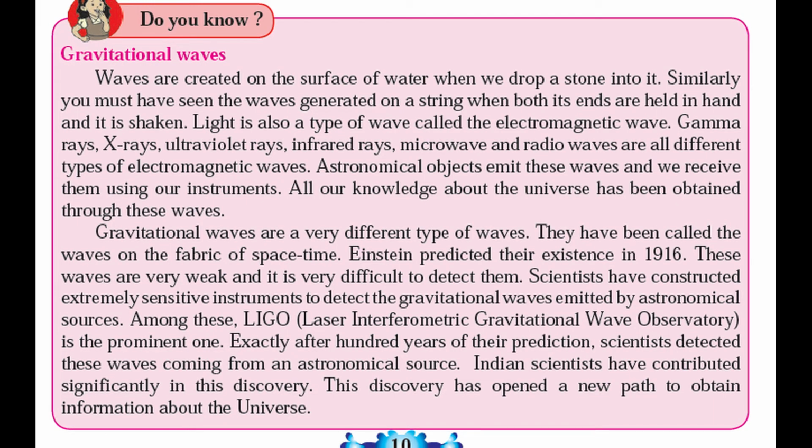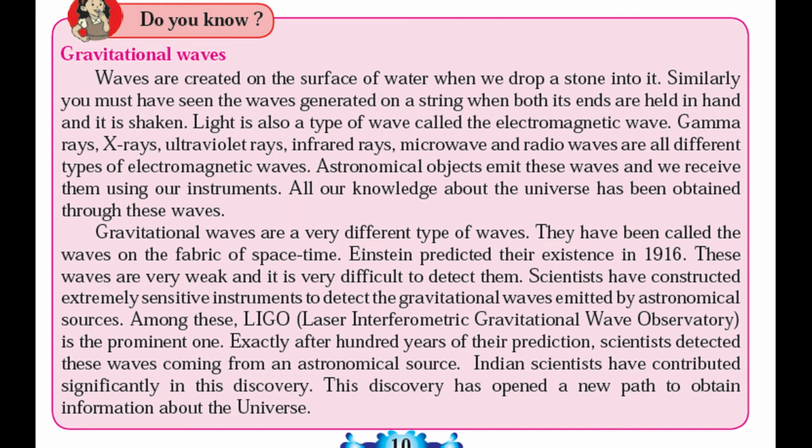Now a little bit about gravitational waves. Waves are created on the surface of the water when we drop a stone or any object into water. Similarly, we have to have some disturbance to generate waves anywhere in the universe. Light is also a type of wave known as electromagnetic wave.